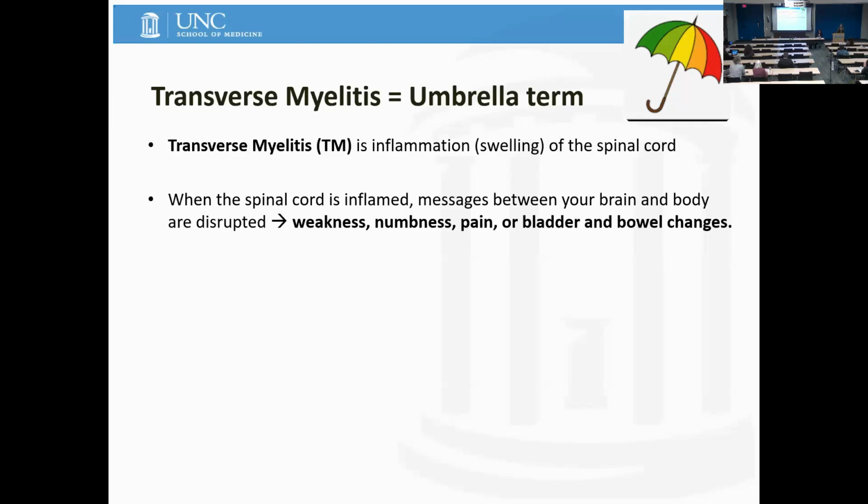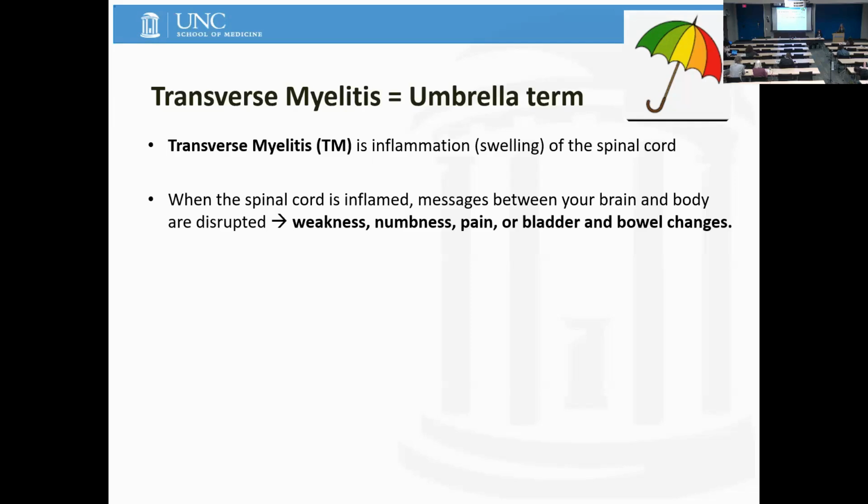I think it's a bit confusing because it's an umbrella term. It basically includes all of the conditions that can cause inflammation of the spinal cord. And that inflammation can cause swelling of the spinal cord, and that's what causes a lot of the symptoms that we end up seeing in transverse myelitis. So I call it an umbrella term because once we know that there's inflammation in the spinal cord, us as neurologists, we have to figure out what is the condition, what is the disease that's causing that inflammation.